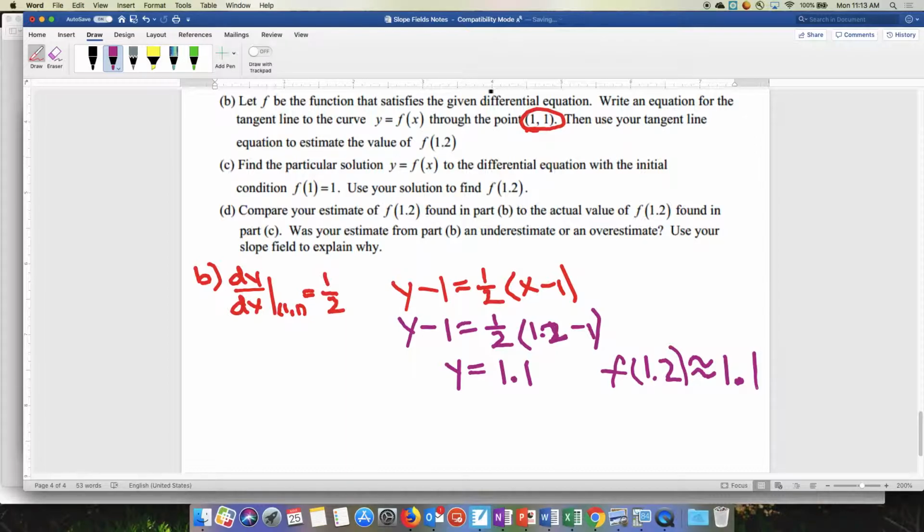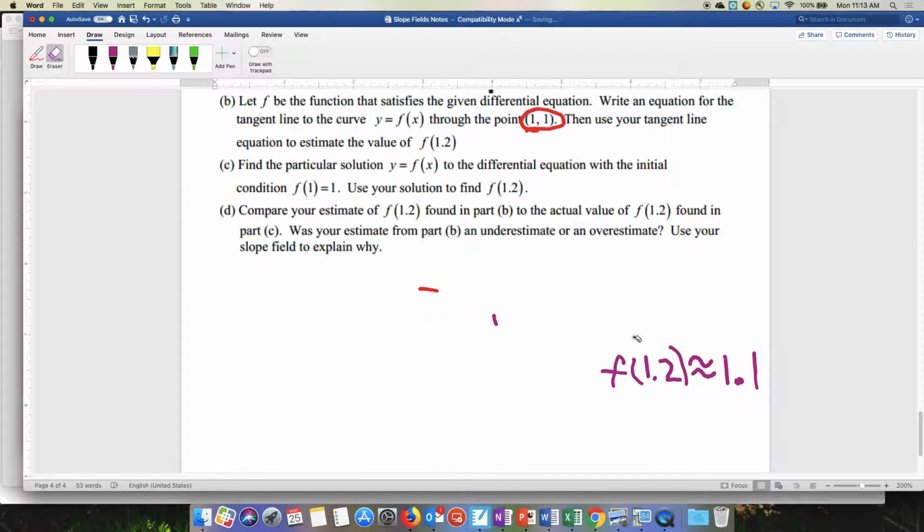Now, I am asking in part C for the particular solution. What does that mean we need to do? Particular solution. Okay, and what do we need to do before that?